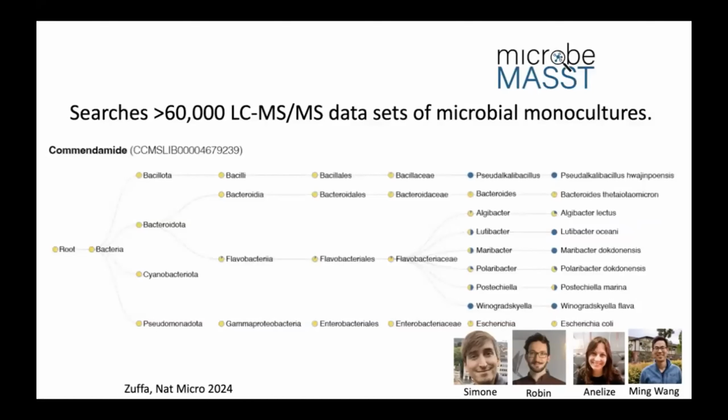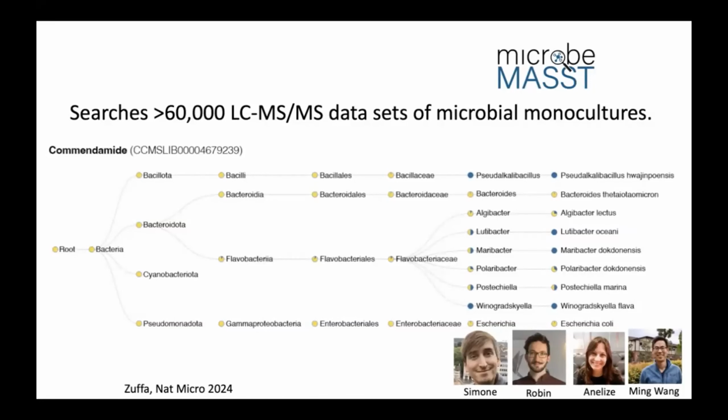In this case, I'm showing the MS/MS spectrum that was searched of commendamide, a microbial molecule that was discovered to assist in lowering sugar levels. There was one microbe that had been shown to produce it. Here we actually show that many microbes, especially microbiome-derived organisms, are able to produce this particular molecule.